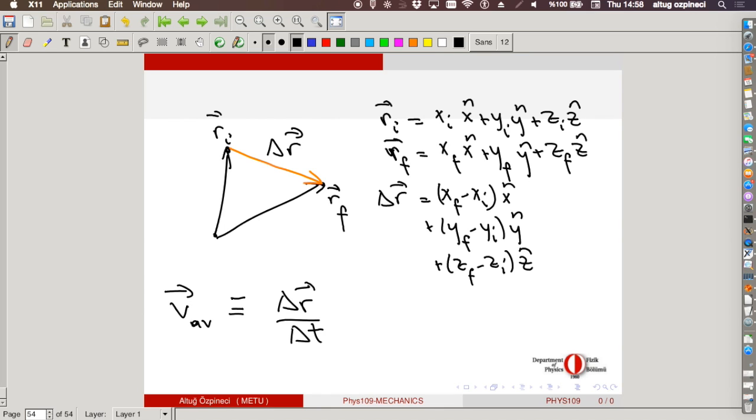Now in terms of the components, we already have this one. We know that multiplying a vector by a number, if we want to write it in terms of the components, we just multiply each one of the components separately.